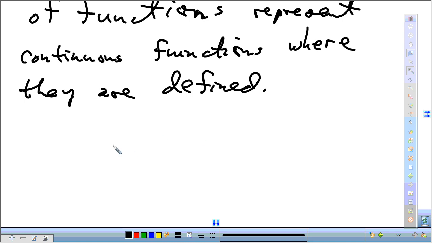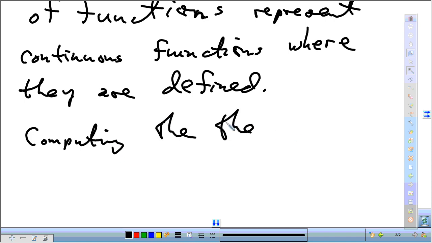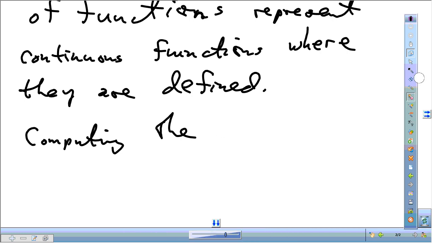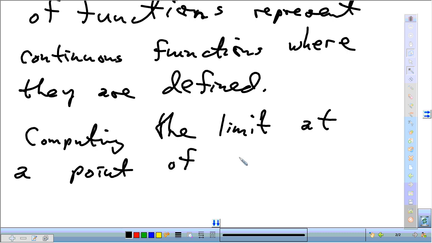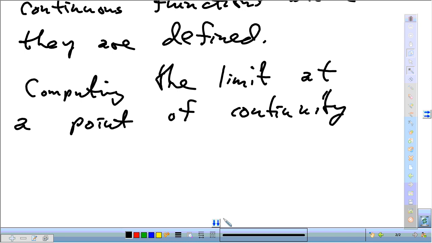So what can we do with this? Well, now we want to compute the limit at a point of continuity.